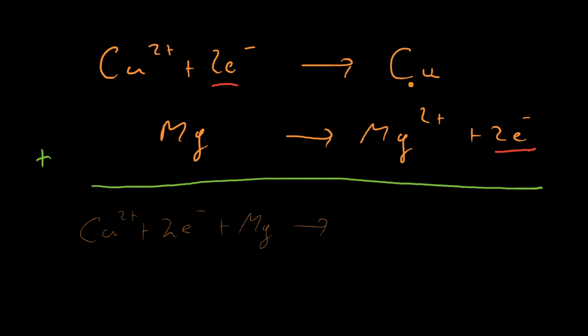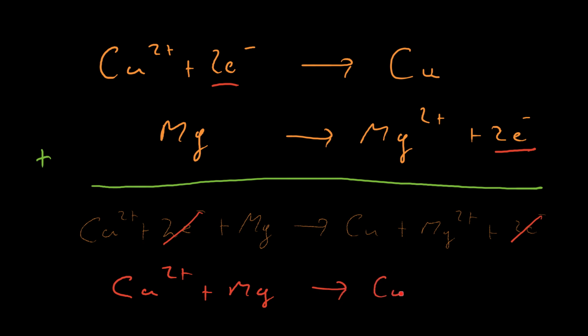Well, that forms Cu, and then underneath Mg2+ + 2e-. Right, now what we can do is we can go through and we can say, well, electrons, 2 electrons on the left and 2 electrons on the right, they cancel each other out, and so our final answer is, I'll just write it thicker so you can see it, Cu2+ + Mg makes Cu + Mg2+.